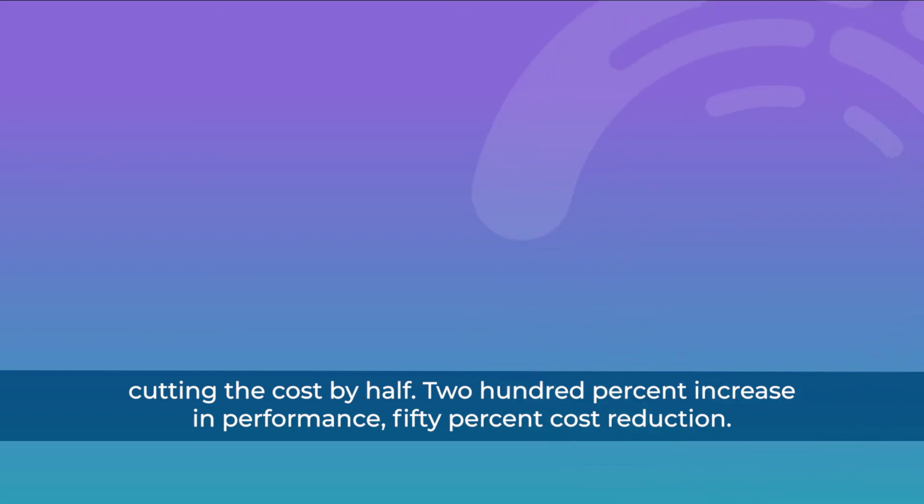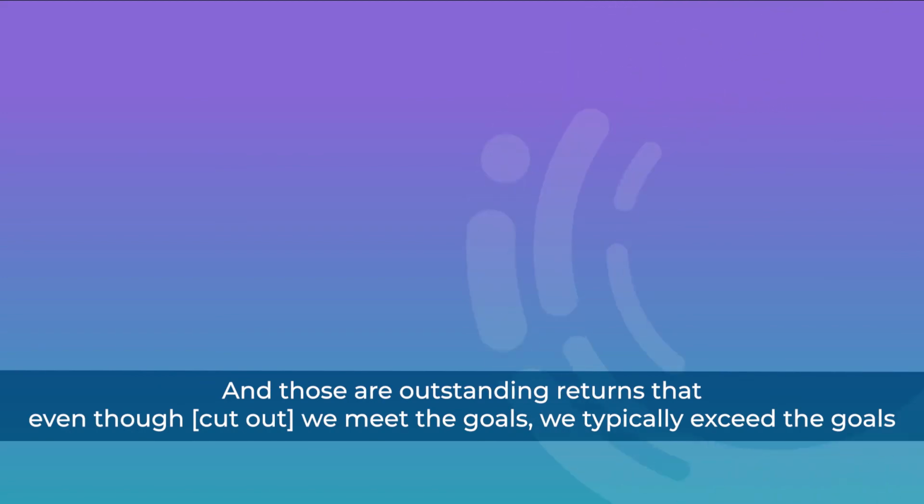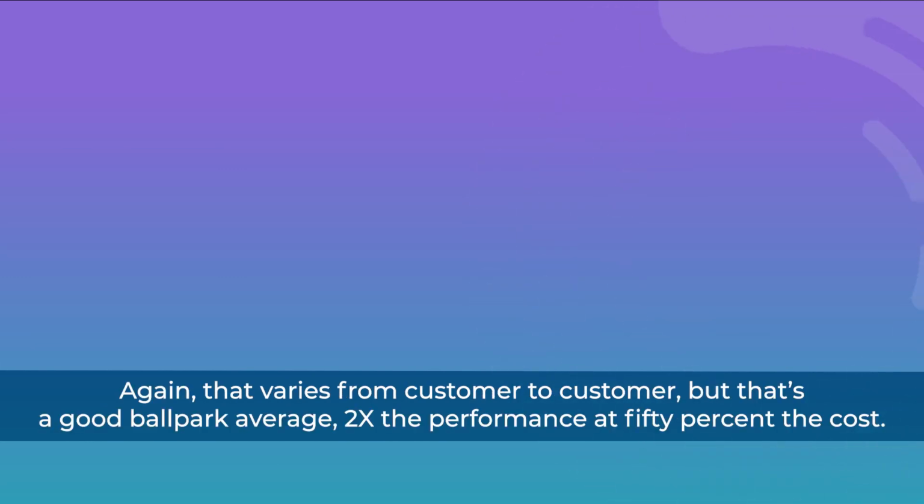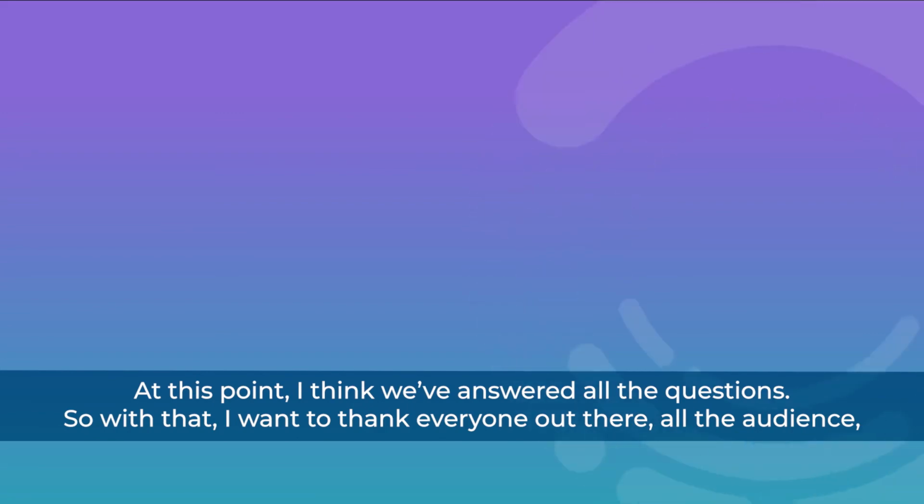So that's a 200% increase in performance and 50% cost reduction. Those are outstanding returns. Even though we meet the goals, we typically exceed them and cut the costs substantially. Again, that varies from customer to customer, but a good ballpark average is 2x the performance at 50% of the cost. And at this point, I think we've answered all the questions.